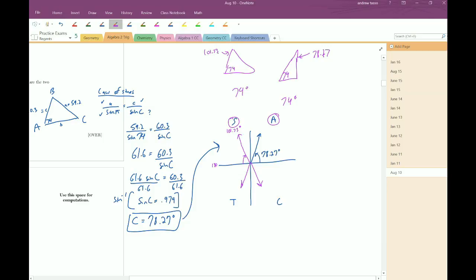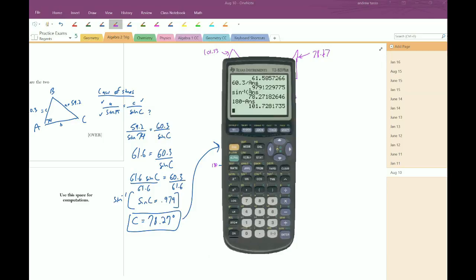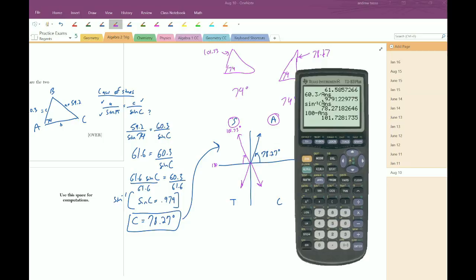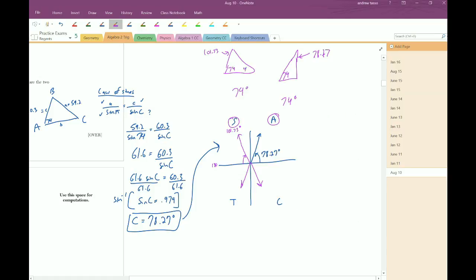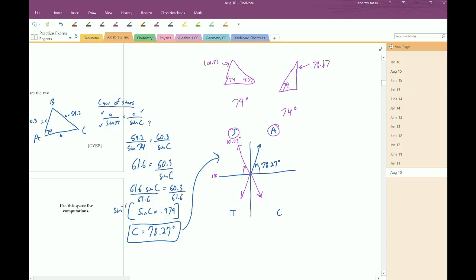So now, if we add these up, let's see what we'll get. So 101.73 is already in there, and then add 74. And you notice that it doesn't equal 180 yet, so I could find out what's left over. 4.27 degrees. So that still can make a triangle. Now if we went over 180, then the second triangle would not be possible.